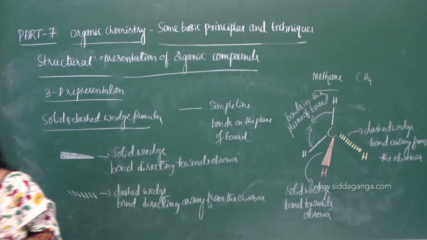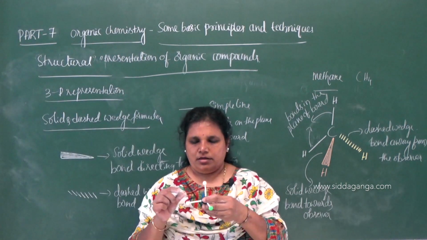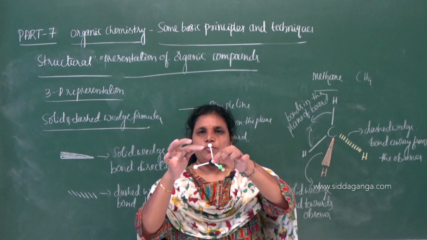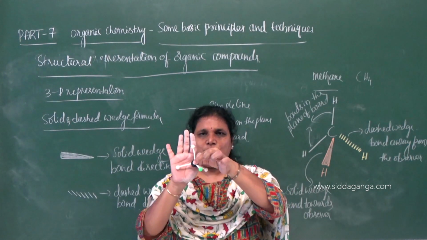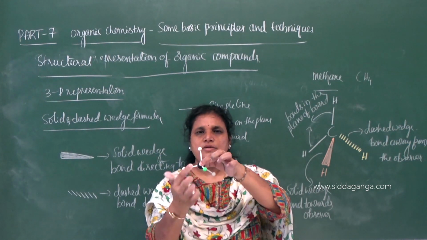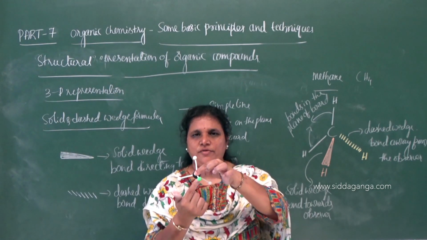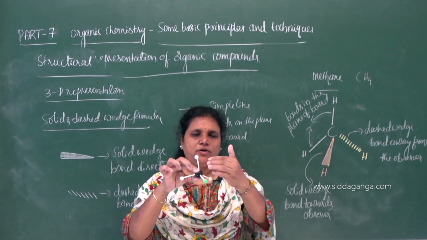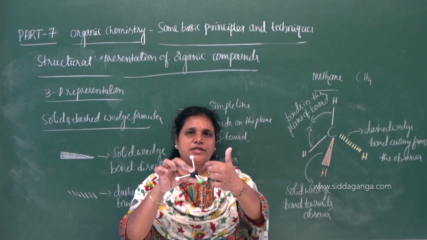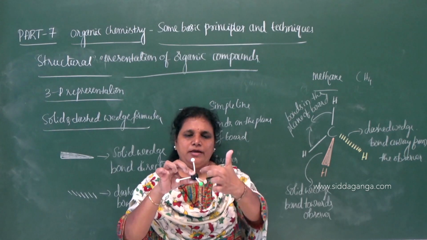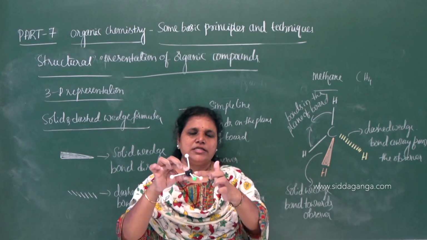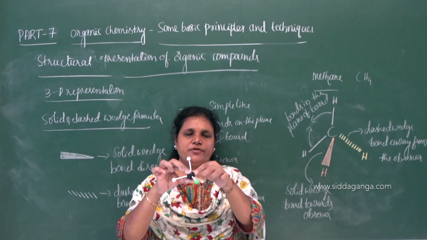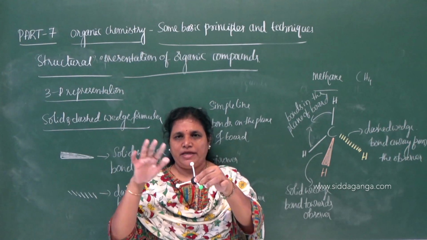So here we have the bonds. See here, this is carbon, and these two bonds are on the plane of the board, and this bond is towards the observer, solid wedge. And look at this bond, this is away from the observer because it is projecting behind the board. Therefore, this bond is towards the observer, this is away from the observer, and these two bonds are on the plane of the board.